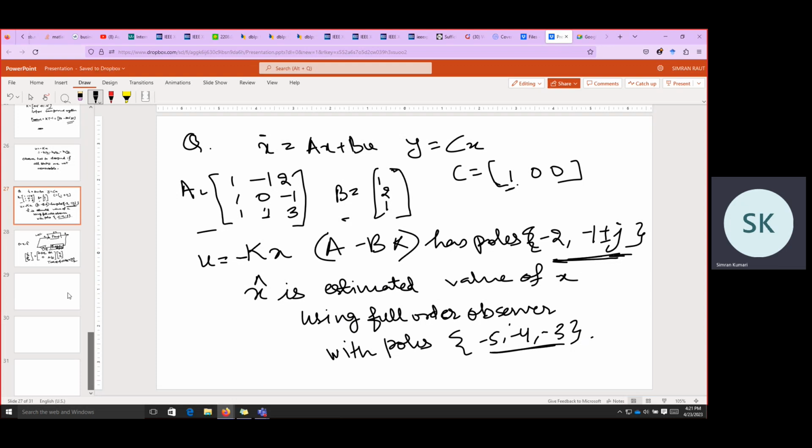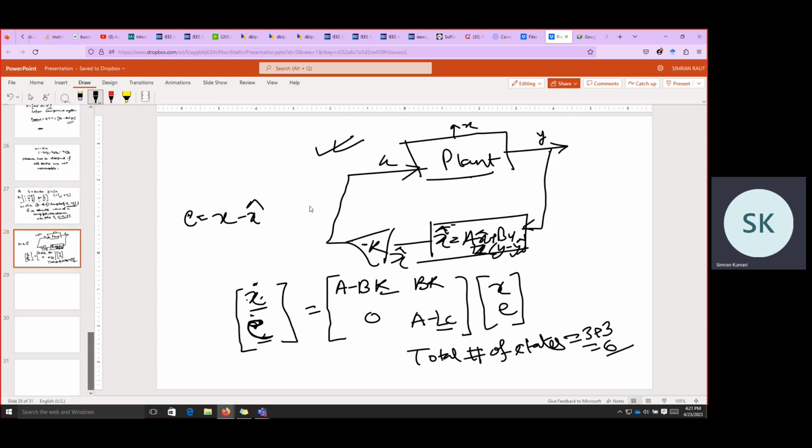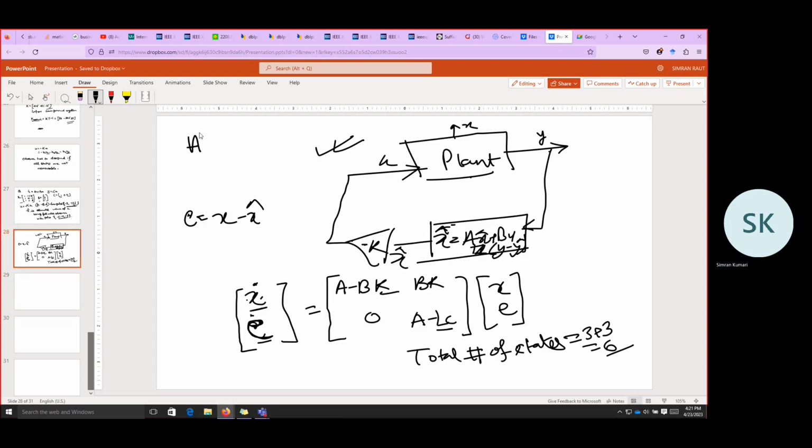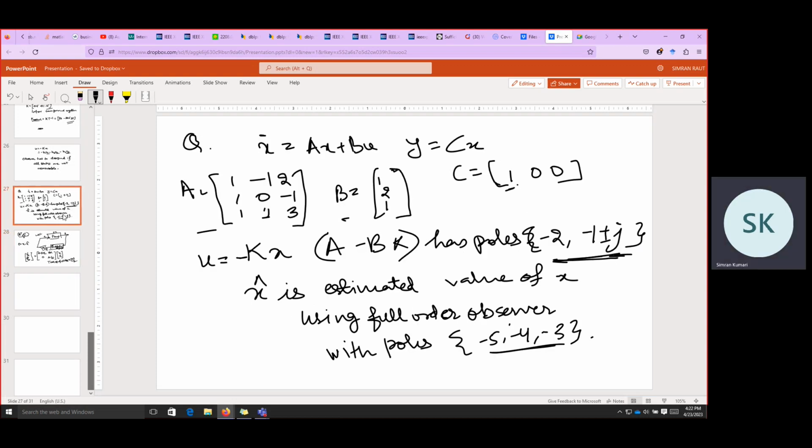And for the observer design, since we have A and C, we'll do pole placement for A transpose, C transpose. Again, either we can use Ackermann's formula or the controllable canonical transformation.